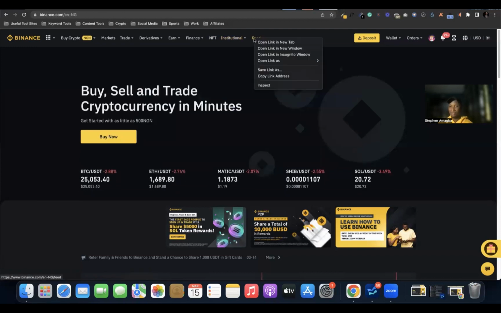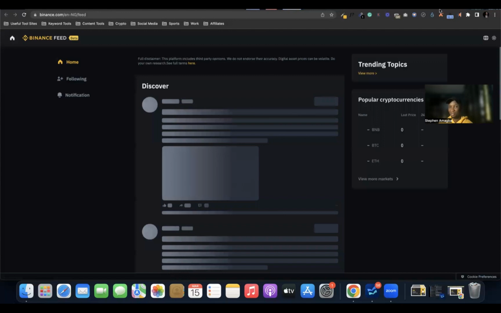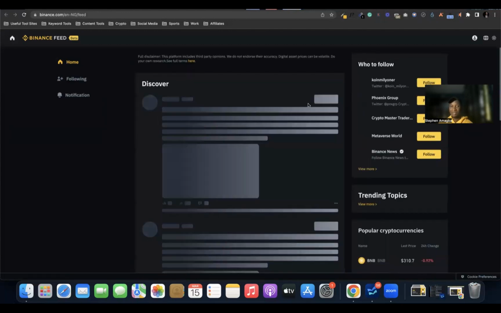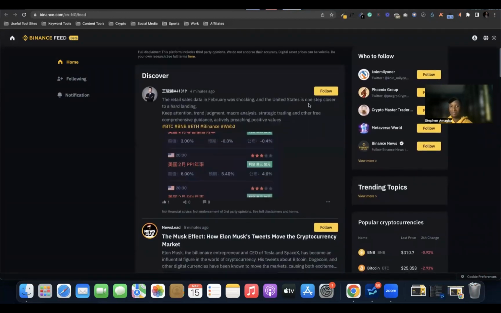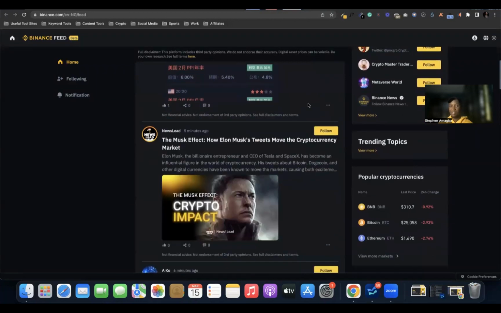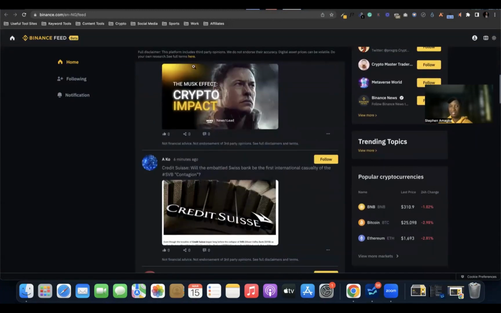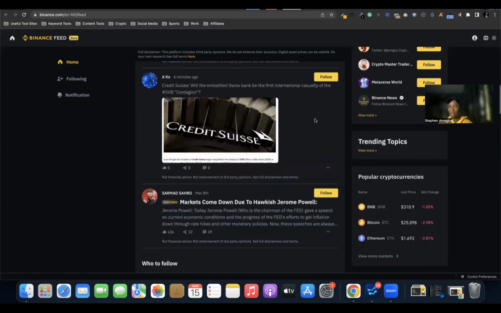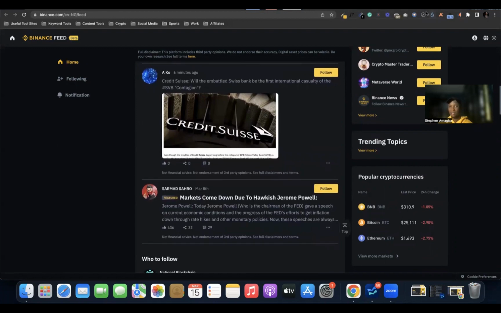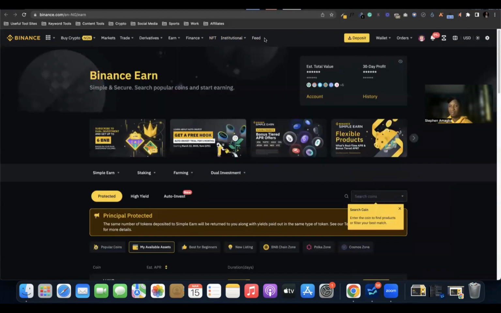So this is Binance Feed, which is like what you have on social media, but social media for crypto. This is what you get to see from other people in the ecosystem talking about crypto, articles, opinions in the crypto market and stuff like that. You can follow people and people can follow you, just like what occurs in social media. Okay. So that's basically the top tab for you.